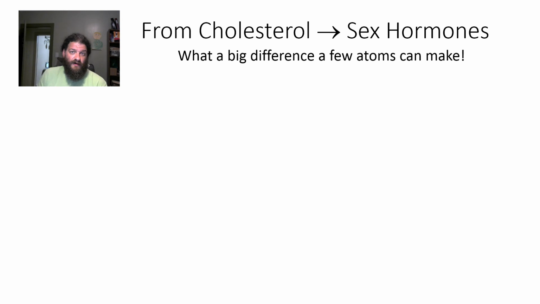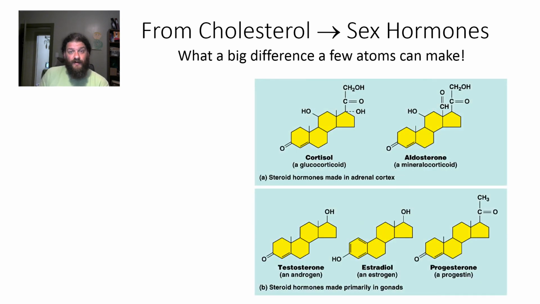Sex hormones are good examples of steroidal hormones. Those are hormones that are based on cholesterol, and a good example of the importance of the functional group and the influence of the location and type of functional groups on the overall functionality of the steroid itself. Looking at cortisol and aldosterone.